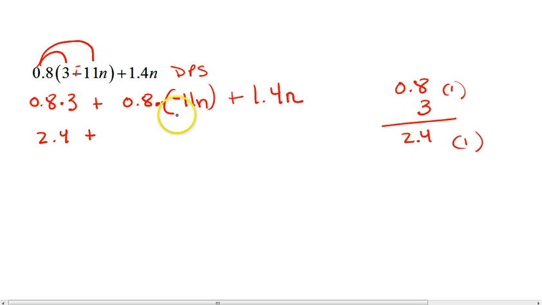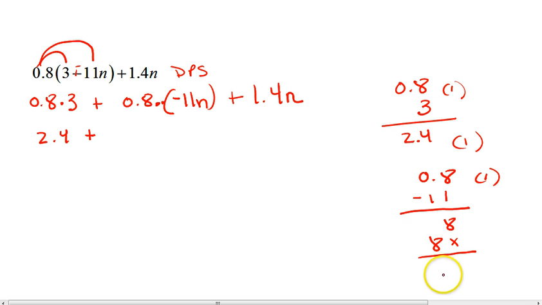Plus, I need to multiply these. 0.8 times negative 11. I have one decimal place, so I'm going to have one in my answer. 8 times 1 is 8. 8 times 1 is 8. I'm left with 88.